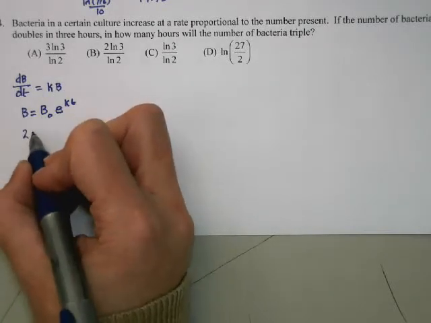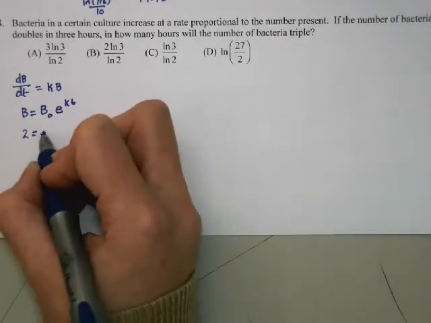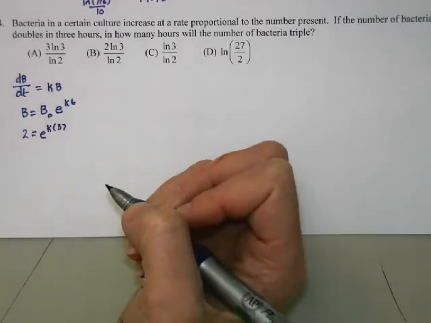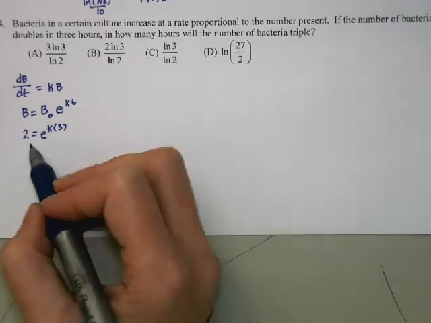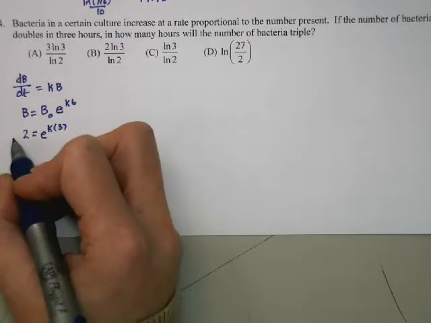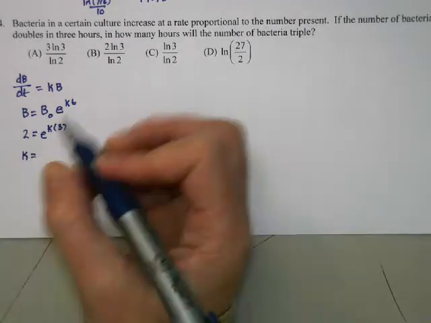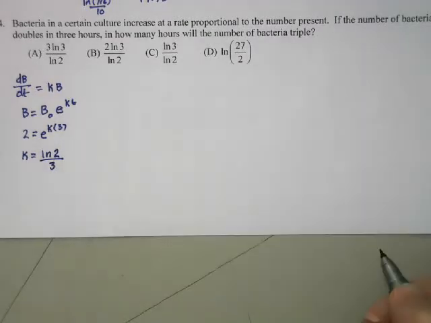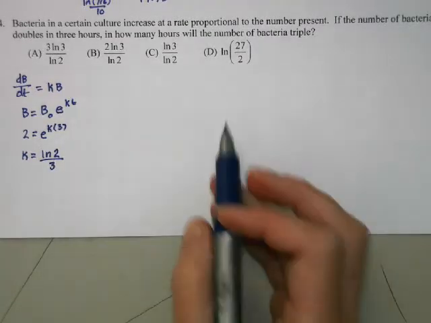So we're saying 2 equals e to the k times 3, because it took 3 hours to double. So I'm going to take the natural log of both sides and divide by 3. So that's my k. Now we're looking for how long it takes to triple.